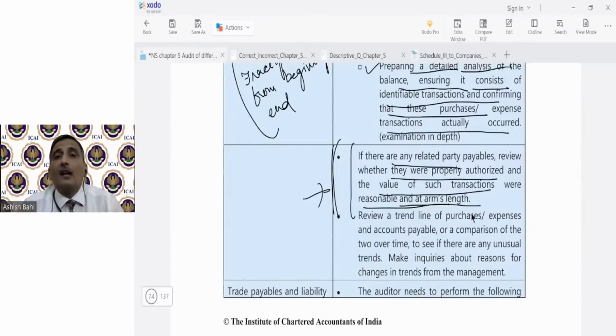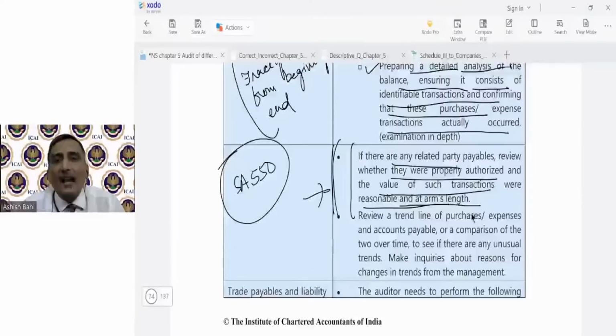So therefore, as we have learnt in SA 550, it is the duty of the auditor to see that such transactions with related parties are carried out at an arm's length price. We have already discussed the meaning of arm's length price. Arm's length price means at a distance, like the distance of an arm.